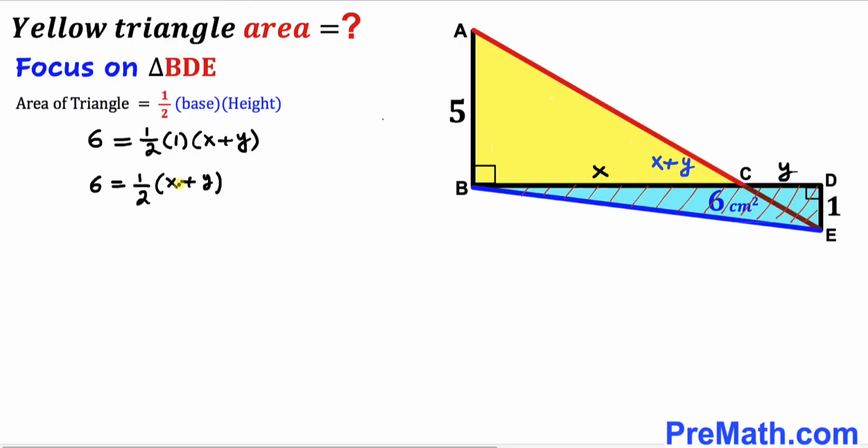Now I'm going to undo this fraction by multiplying both sides by 2. The 1 divided by 2 and 2 are gone, and 2 times 6 gives us 12. So we can write that x plus y equals 12. I'm going to label this as equation number 1.